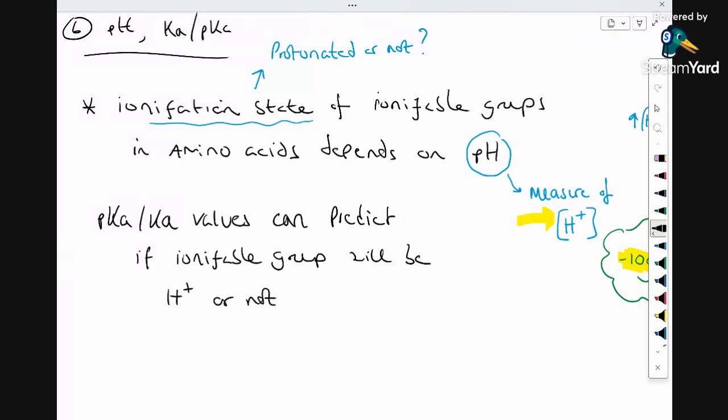And that's important in biology because we don't always work at pH 7. I mean, we obviously do in cells. But how pH impacts on enzyme function, for example, is it alters the number of protons and it changes the ionization state of our groups.